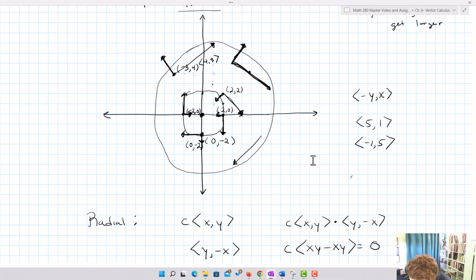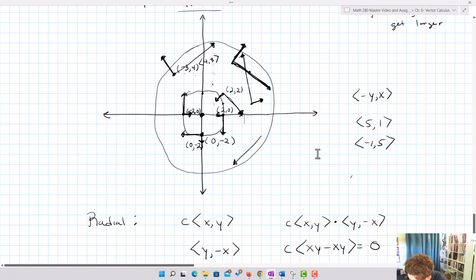So I go 1, 2, 3, 4, 5, up 1. And so I end up with negative 1, 5. So this could be orthogonal to a radial vector pointing out from there, but what I get here is that the vector is now pointing in the counterclockwise direction, rather than the clockwise direction.